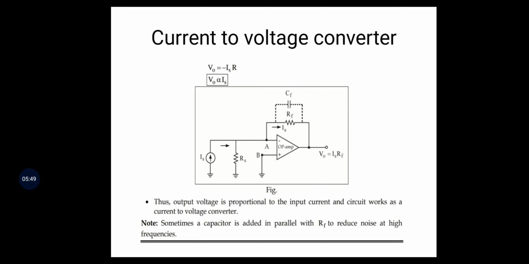So here output voltage depends on input current. That's why here current is converted to voltage. The circuit is called current to voltage converter. The output voltage is proportional to the input current, and the circuit works as a current to voltage converter.